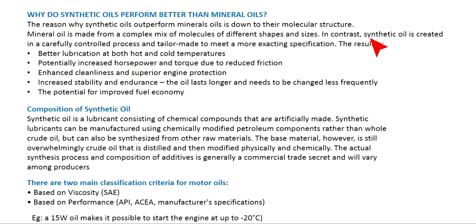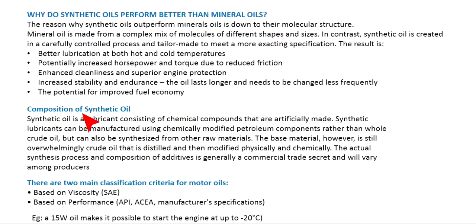In contrast, synthetic oil is created in a carefully controlled process and tailor-made to meet more exacting specifications. The result is better lubrication at both hot and cold temperatures, potentially increased horsepower and torque due to reduced friction, enhanced cleanliness and superior engine protection, increased stability and endurance. The oil lasts longer and needs to be changed less frequently. There is also the potential for improved fuel economy.